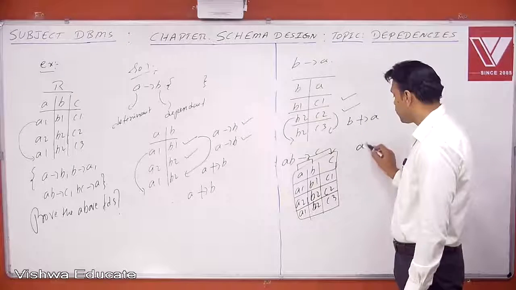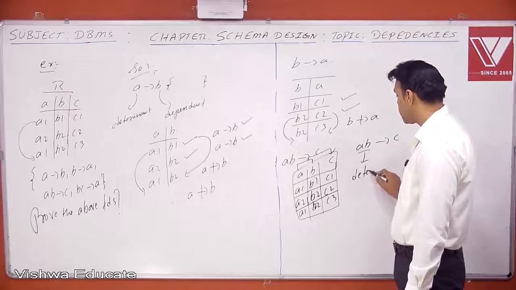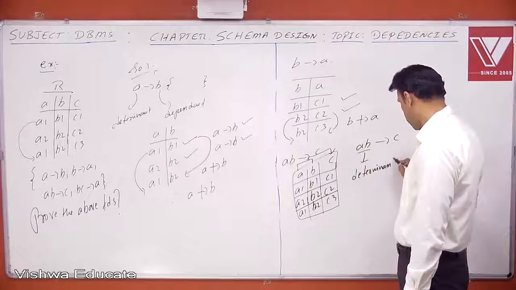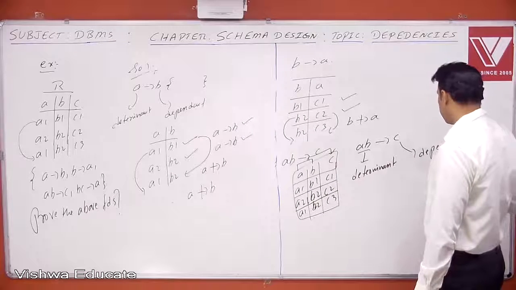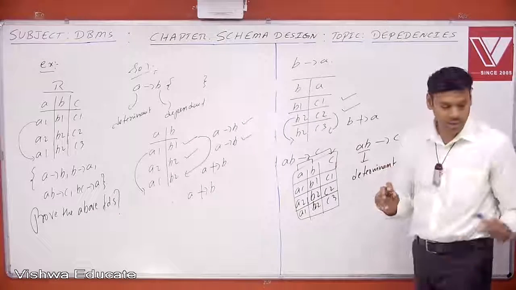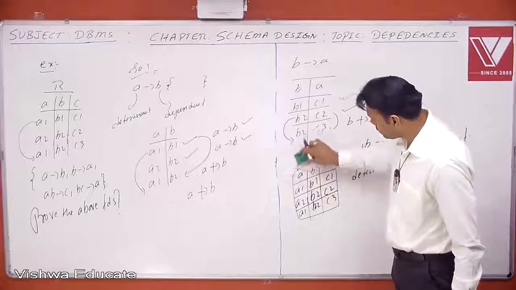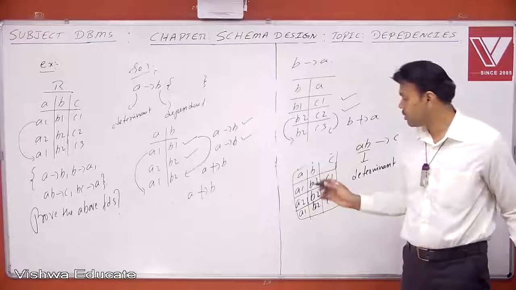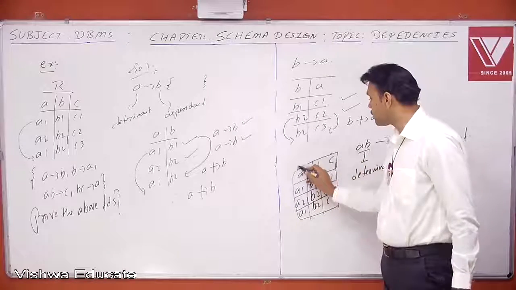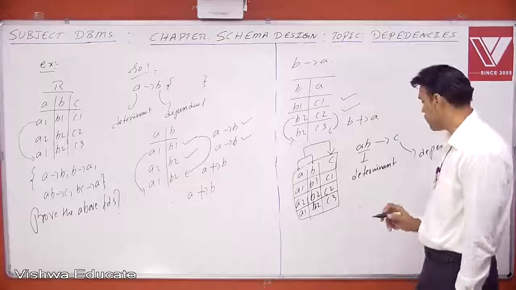In AB tends to C, AB is a determinant and C is a dependent. So what do we understand? C depends on AB together. So AB implies C. That's the meaning.